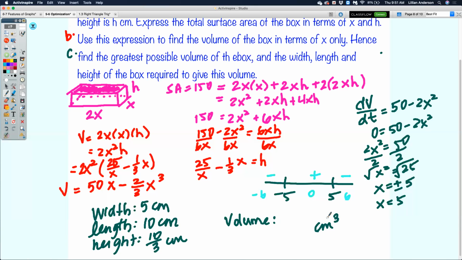Anybody got it? 500 over 3. Of course, you can round to 3 significant figures. That'd be 167 centimeters cubed, but 500 over 3 is exact.